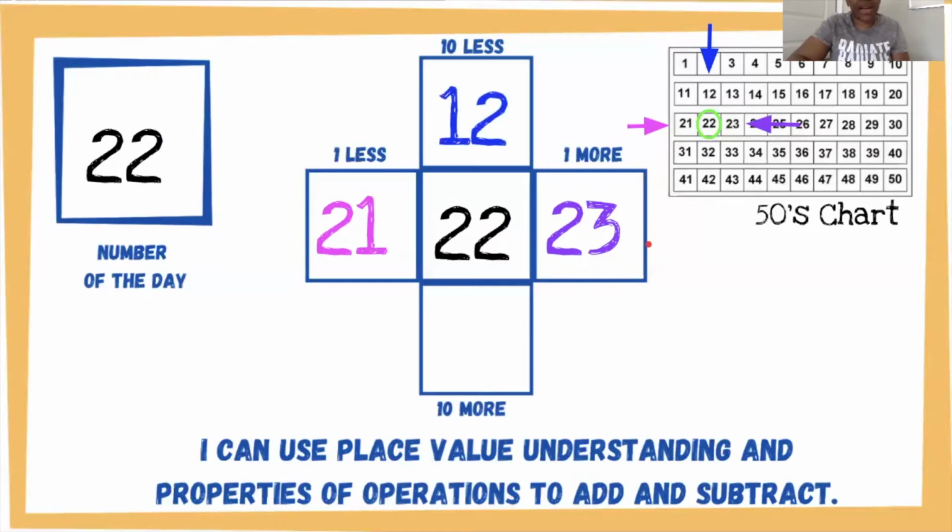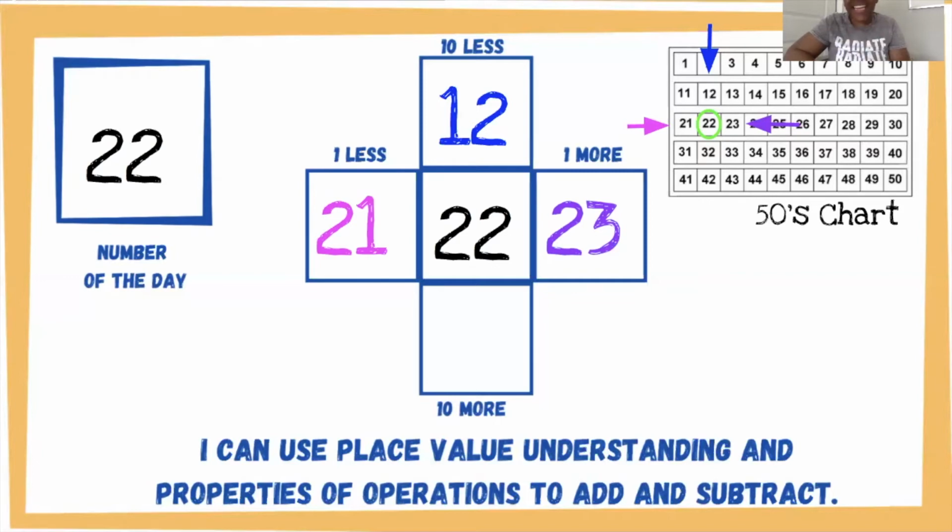Great job, guys. We've got one more. Well, if 12 is 10 less than 22, and we found it by looking right on top of our number, where do you think we're going to look for the number that is 10 more than 22? That's right.